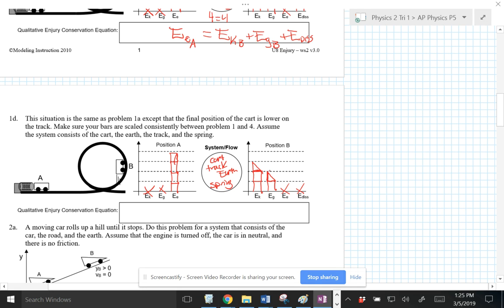Okay? So now that's 2.5 and that's 1.5 and that's 4 equals 4. And so I say EEA equals EKB plus EGB, done. Okay? All right.